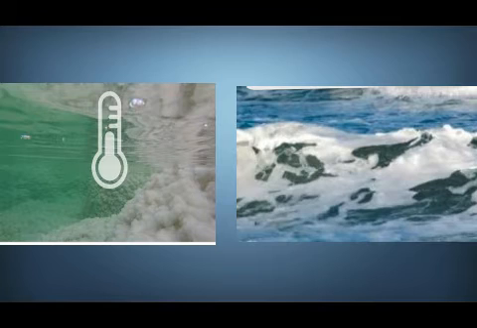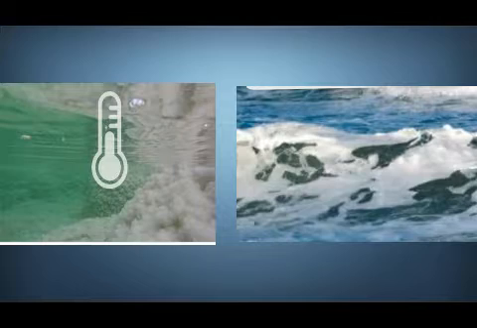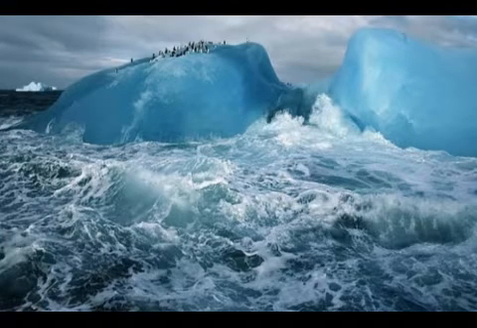Temperature and salinity are the two properties of seawater that control the density of the seawater. Cold water is denser and so is called saline water. As compared to salinity, the effect of temperature on density is more.